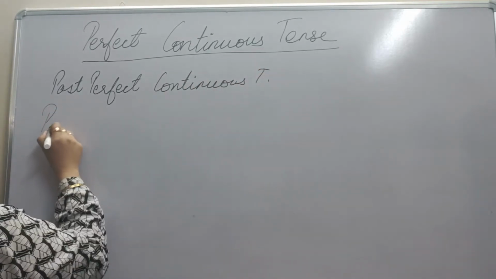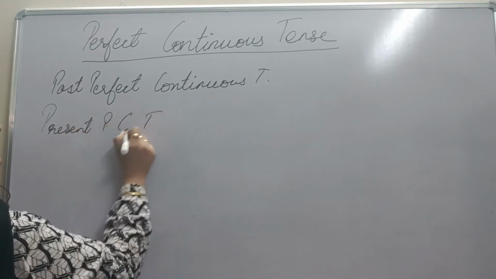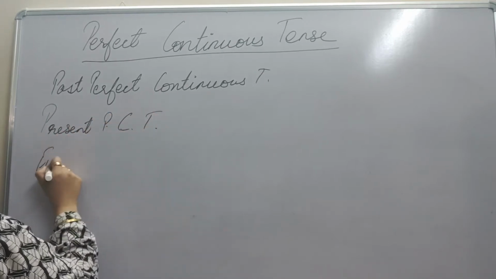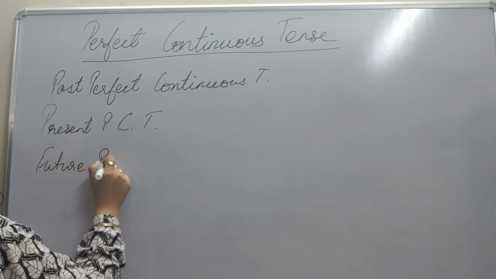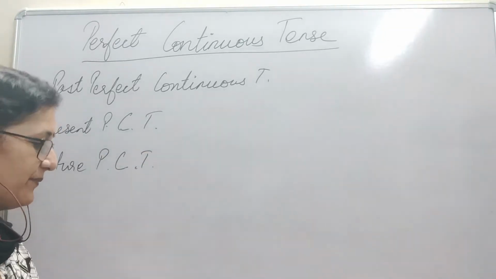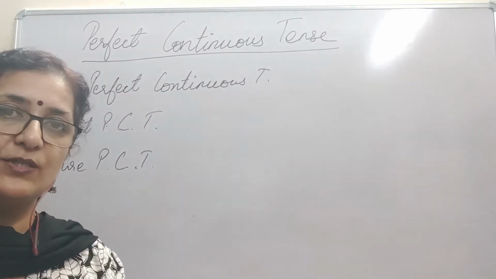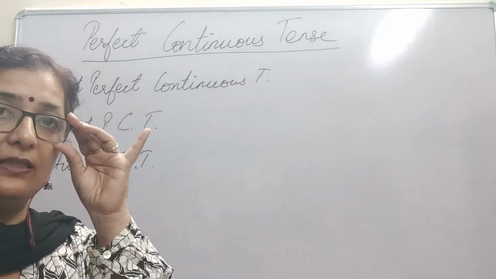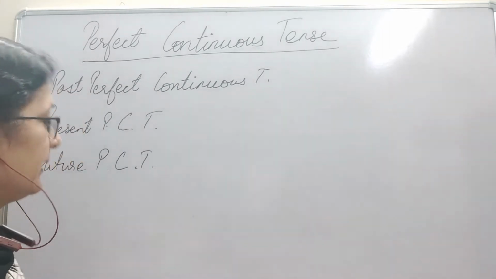Similarly we have present perfect continuous tense and future perfect continuous tense, right? Individually we are going to do them, but as the name suggests, continuous means in the continuation form, ing form. It is still being continued.